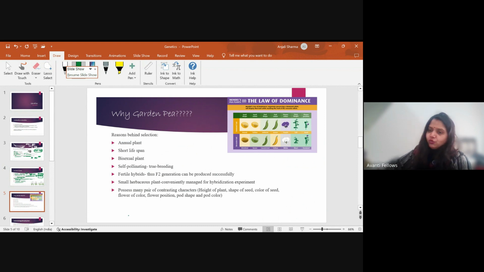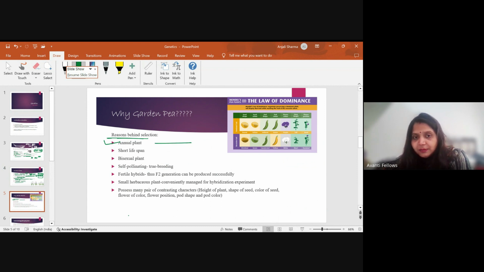Okay, we are not going to do question answers because we are just left with very less time. What was the reason behind selecting garden pea was that garden pea is an annual plant. And what is an annual plant? What do you understand by annual plant? Those plants whose life cycle completes in just 1 year.